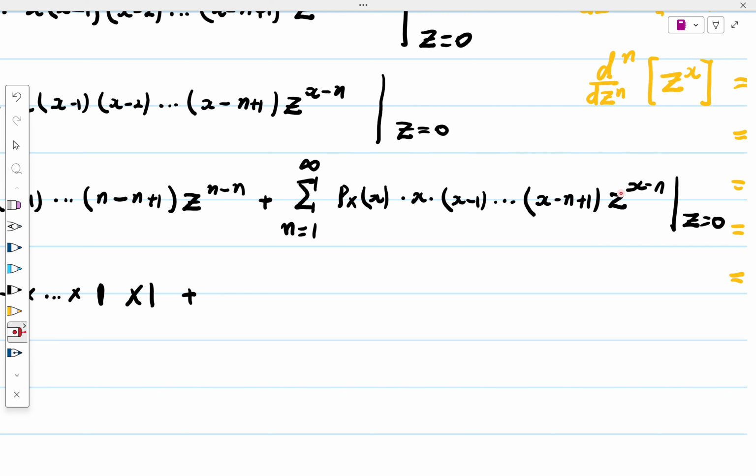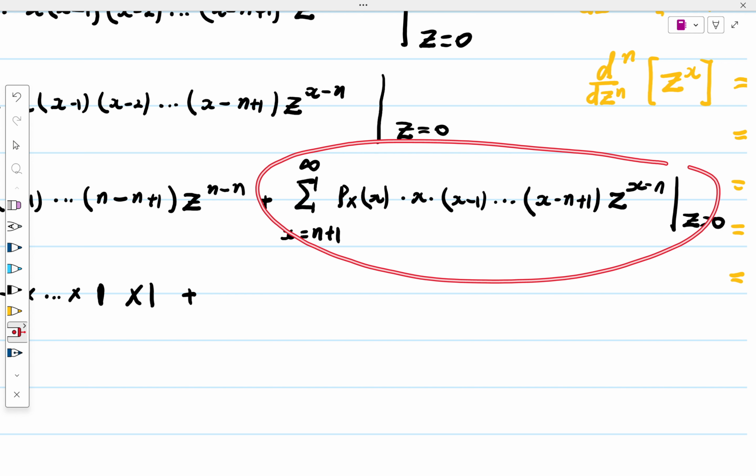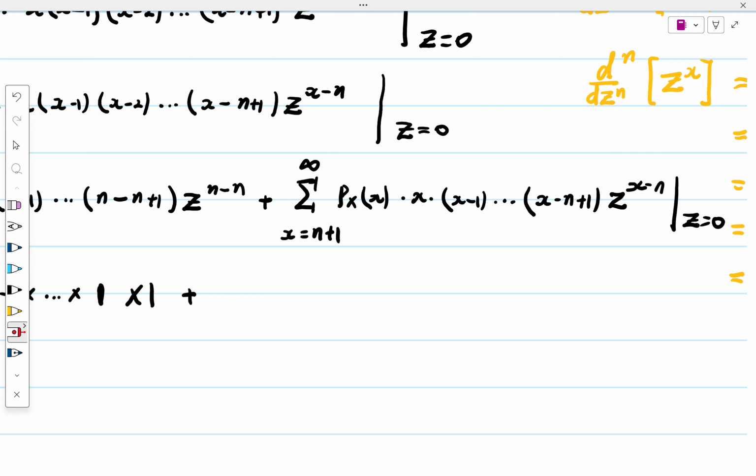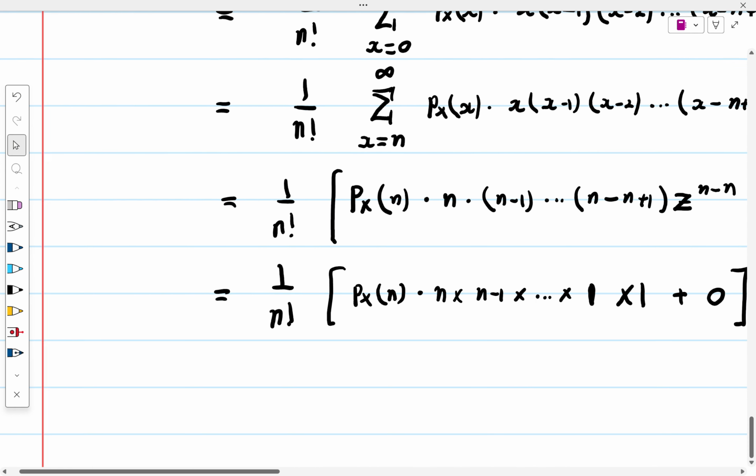When z is equal to 0, 0 to the power of anything positive is 0. And therefore, this entire expression becomes, sorry, I forgot to rewrite this sum as starting from x equals n plus 1. Sorry, I made that mistake there. This entire expression here, with z equal to 0, becomes 0. I can just write plus 0.